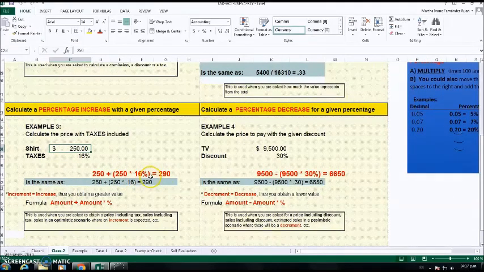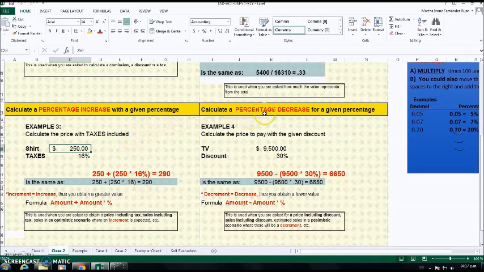Then the final price we need to pay to buy this shirt is the original amount plus the money of the taxes. In this case, 250 pesos times 16% is just 40 pesos added to the original 250, then the final result is paying 290 pesos.